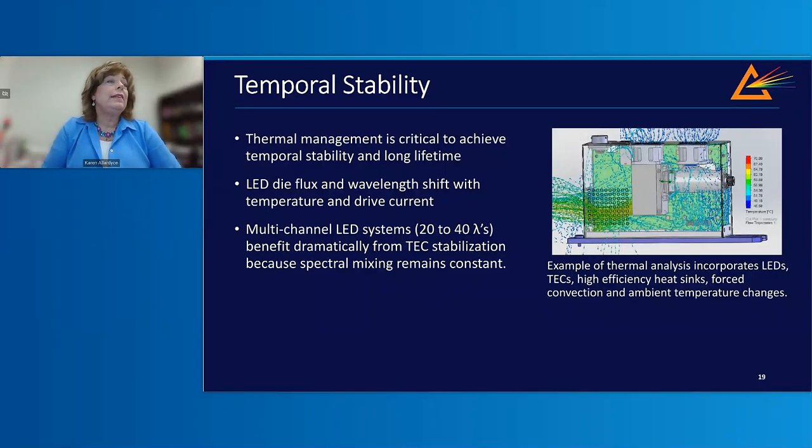The third part of class designation is temporal stability. And this depends heavily on good thermal management. Both flux and wavelength shift as a function of temperature and drive current. So temperature stabilization is required to prevent spectral shift, particularly near band edges, such as 800 nanometers for perovskite or 855 nanometers for cadmium telluride and 1107 nanometers for silicon.